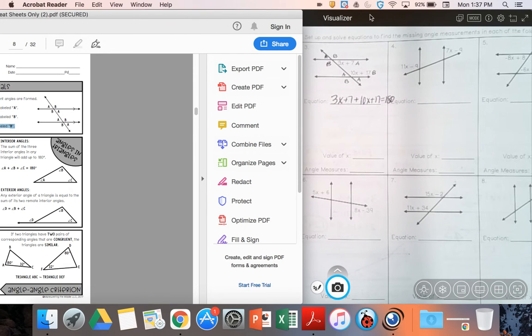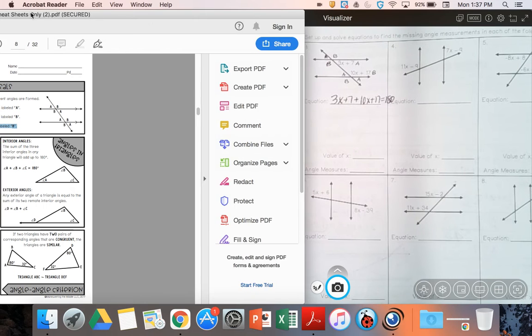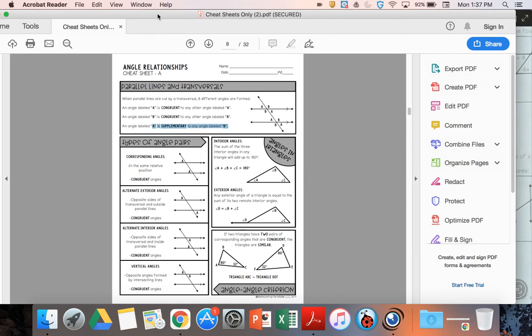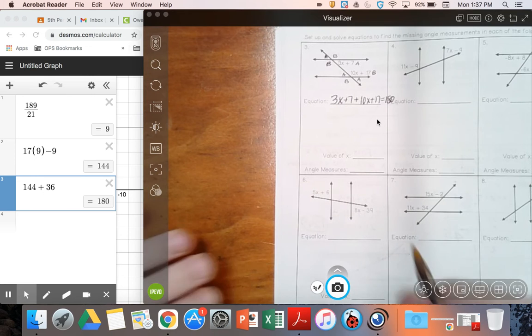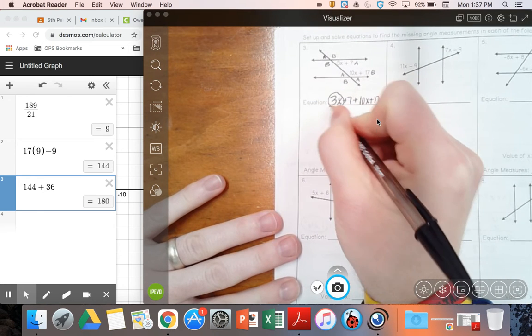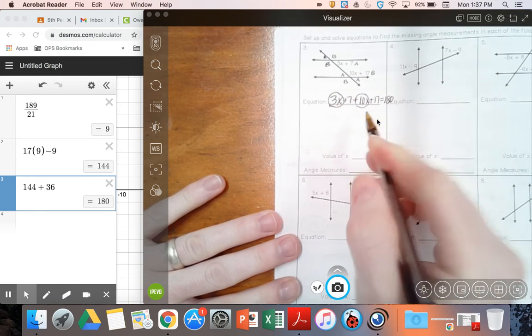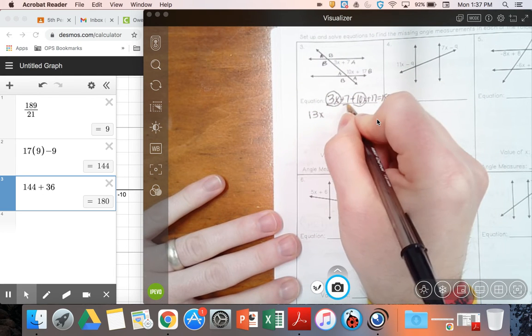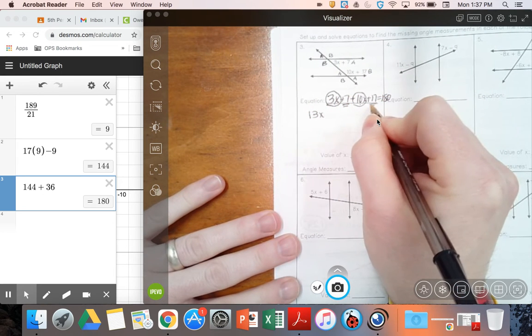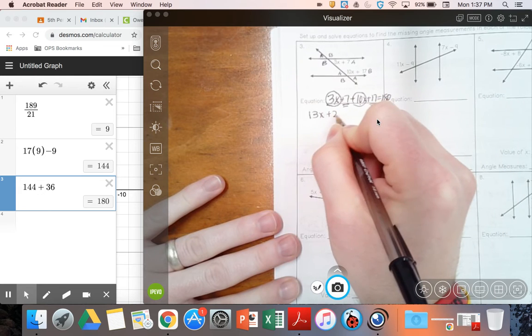When I find the value of x, I can then solve what those two angles are. So let's solve this. I need to put together the two x terms here. I have 3 and 10, that tells me I have 13x. Then I have a 7 and a 17. When I put those together, I get 24.